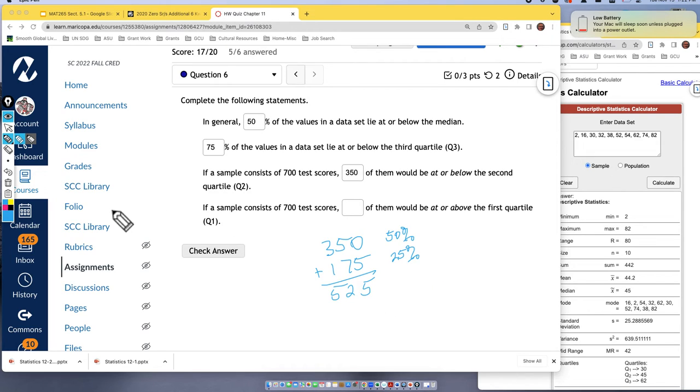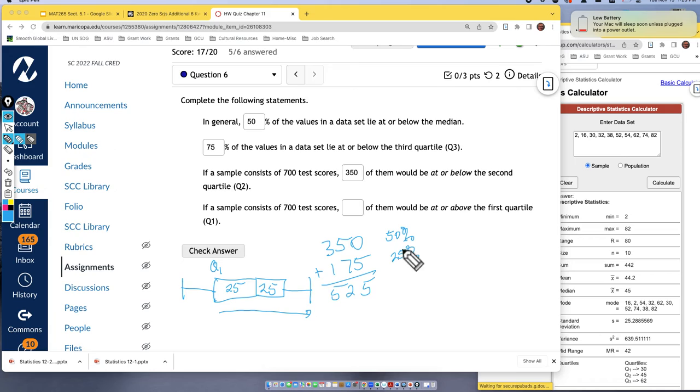Where is 175 from? Let's think of this. We'll just draw a little box and whisker thing. So here's the first quartile. The question is, we're at or above the first quartile, so we're going this way, so we're going to get 25, 25.